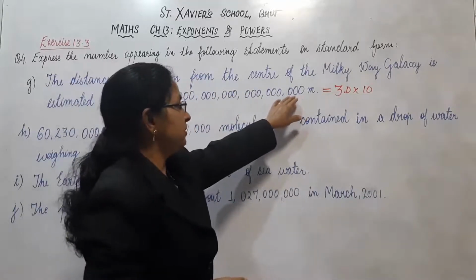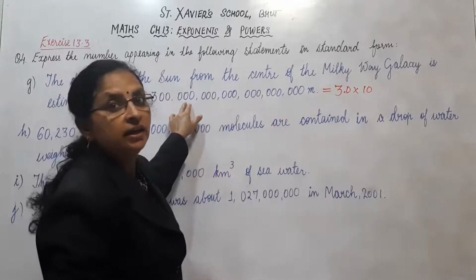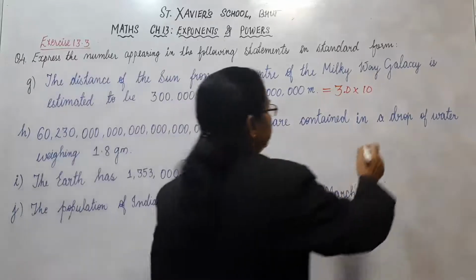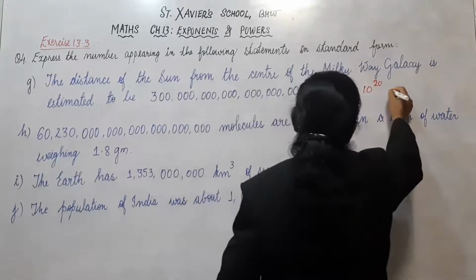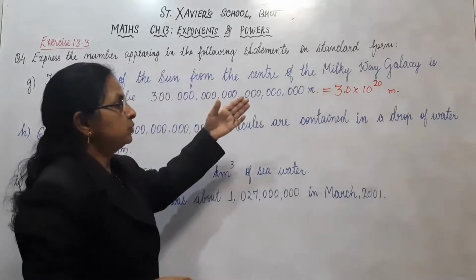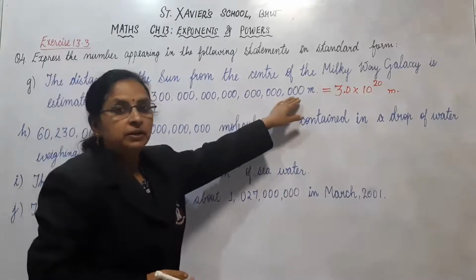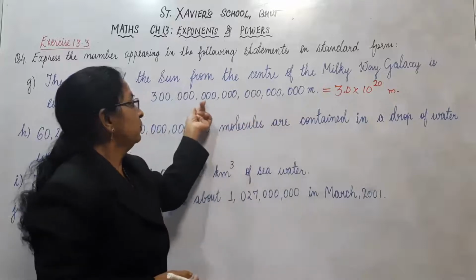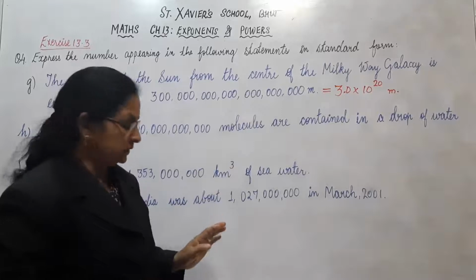How many sets of zeros are there? 1, 2, 3, 4, 5, 6. 6 threes are 18, 19, 20. So total how many? What is the power of 10? 20. And write the unit meter. 3 into 10 raised to 20 meters. It is better you put the comma and then make a set of numbers so you won't miss any number while counting, you won't make mistakes.